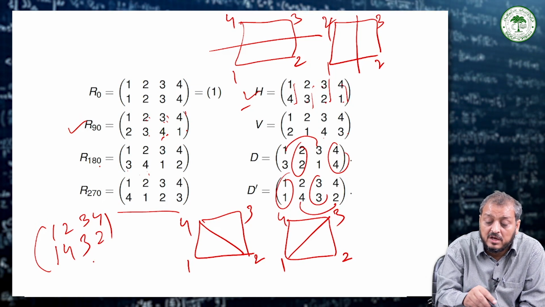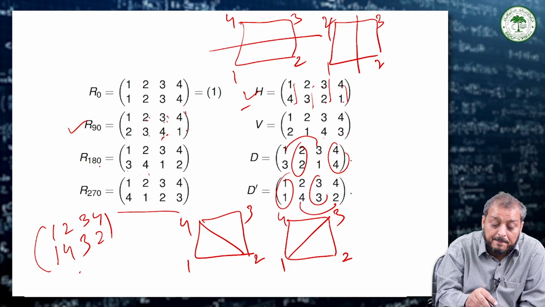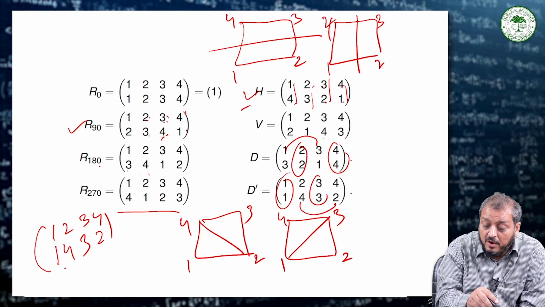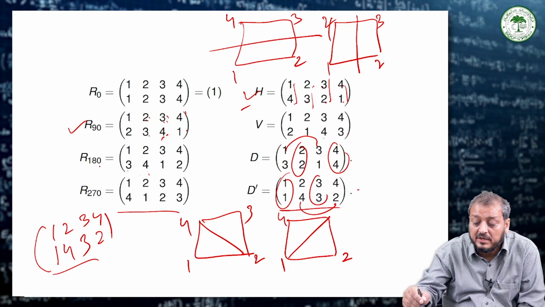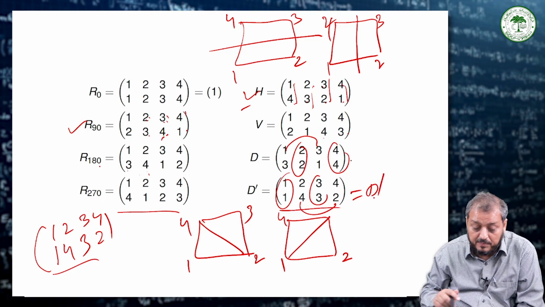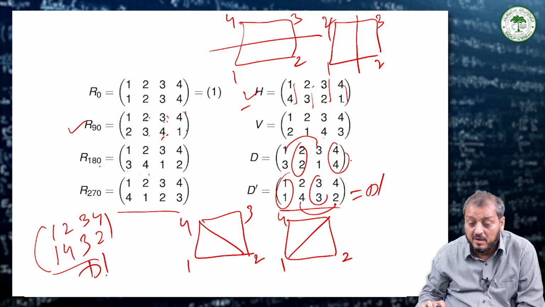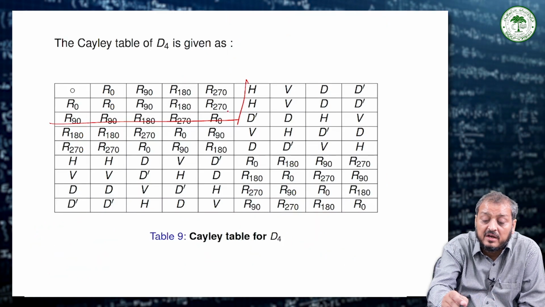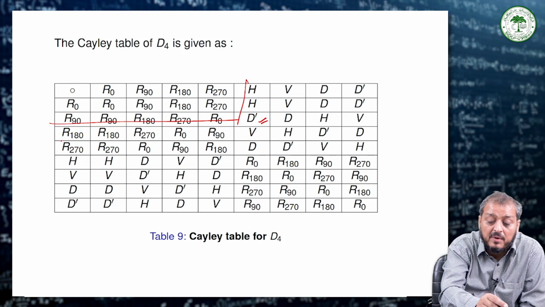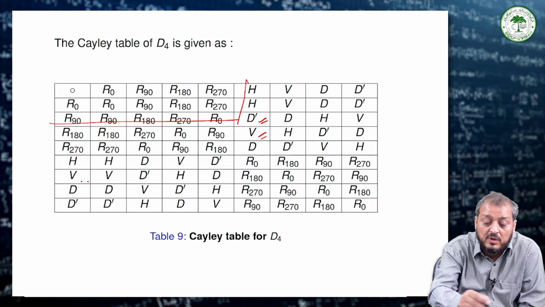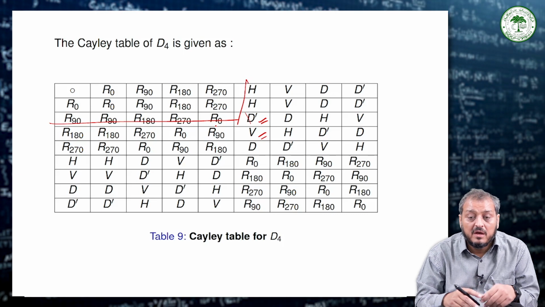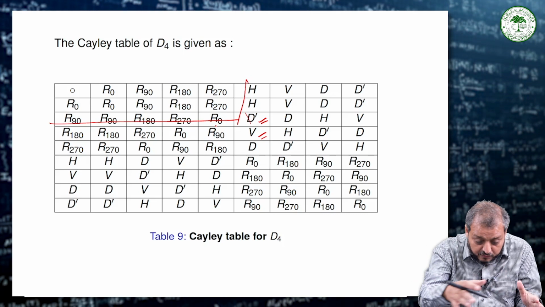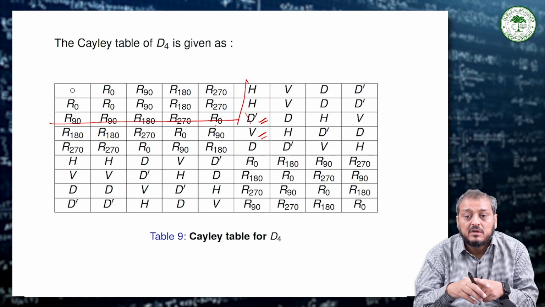This is the form 1 4 3 2, which is equal to D prime. So R 90 then H is equal to D prime, and R 180 then H is equal to V. Similarly, all the compositions we can write in the form of a table.